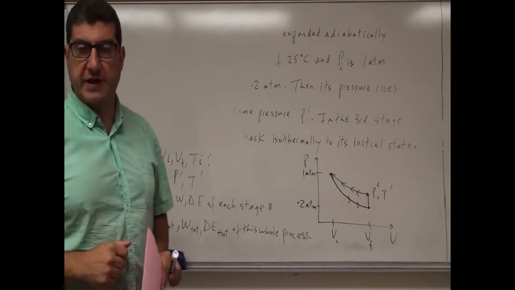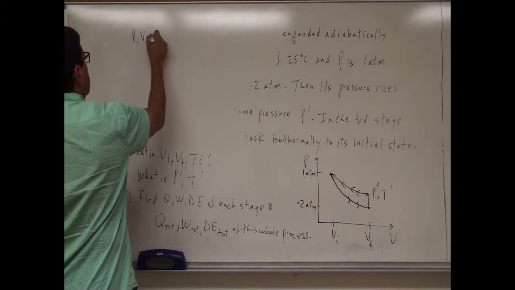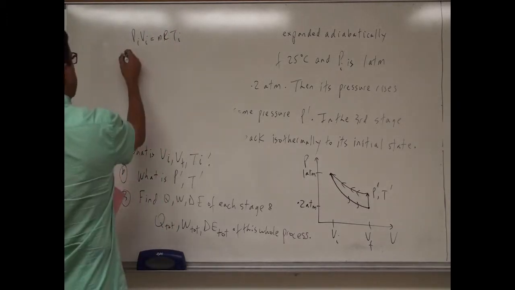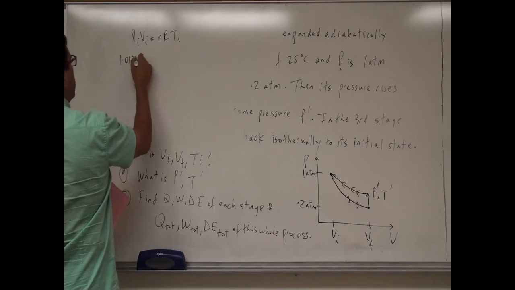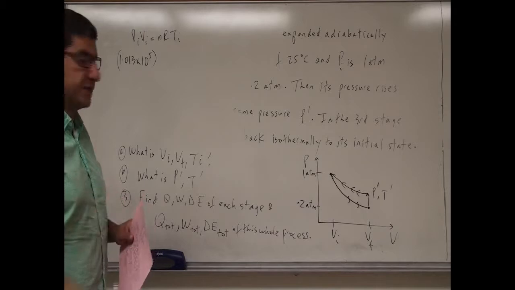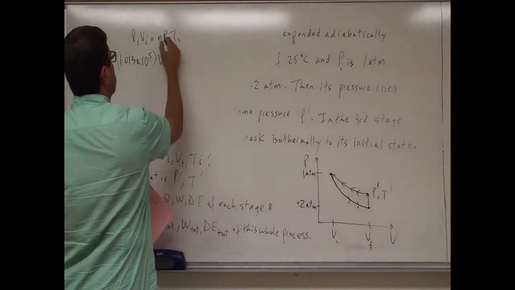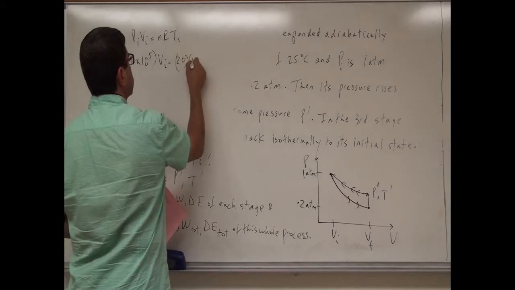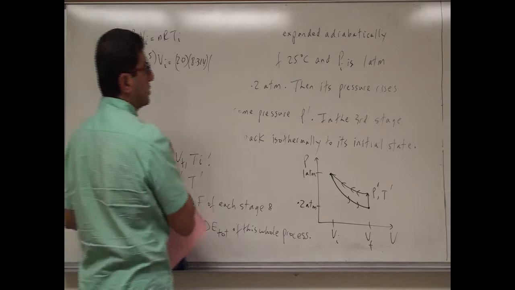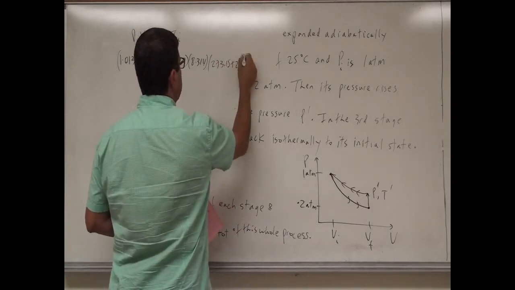The first thing we can do is find the initial volume. We can say P initial, V initial is equal to nR T initial. The initial pressure was 1 atmosphere, and that's 1.013 times 10 to the 5th pascals, so we convert the atmosphere to pascals. The initial volume we don't know. The number of moles is 20, the gas constant is 8.314, and the initial temperature was 25 Celsius, so 273.15 plus 25.